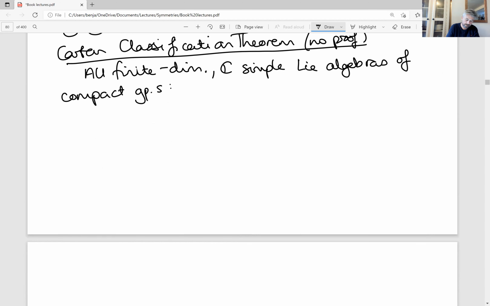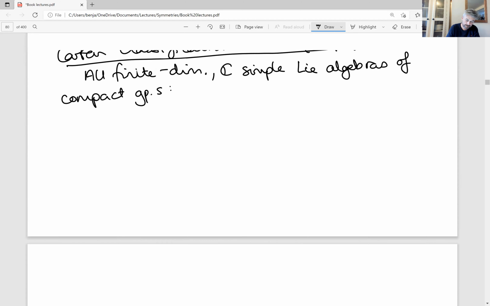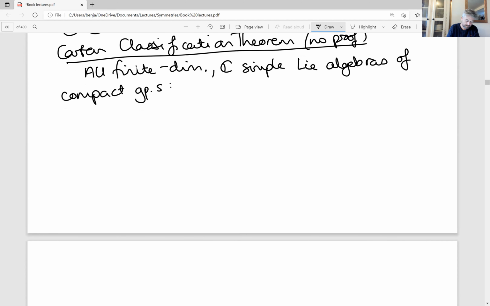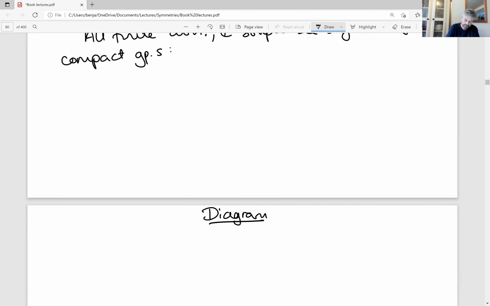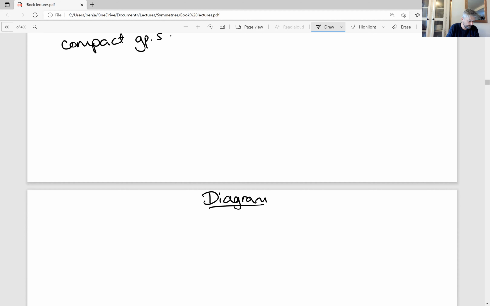Let me do it on the next page. So we have the diagram. We have the physics notation for the algebra. We have the maths notation, and we have a comment.